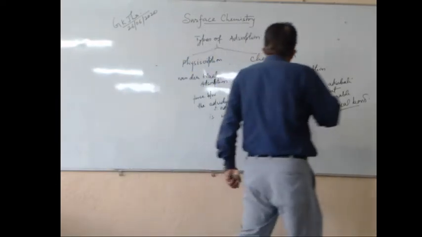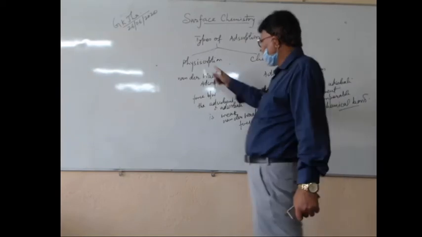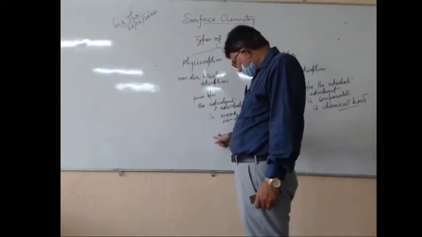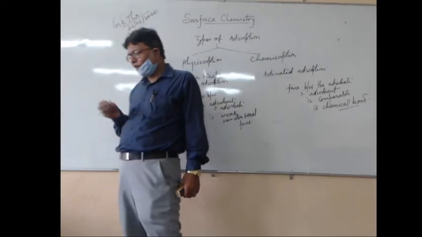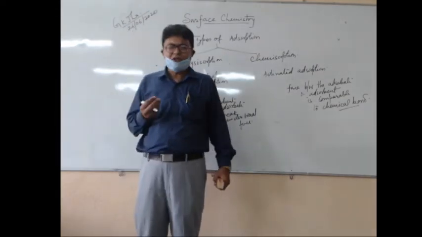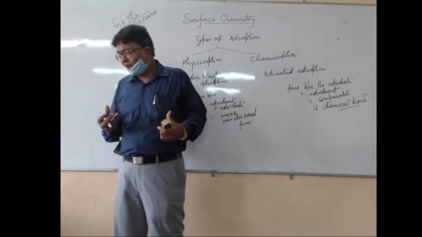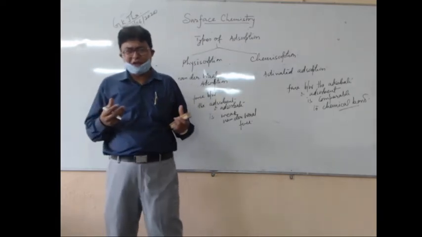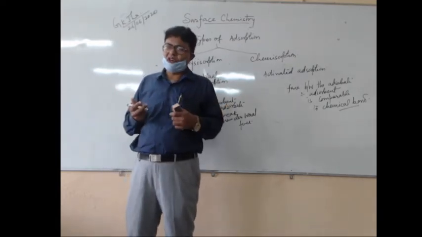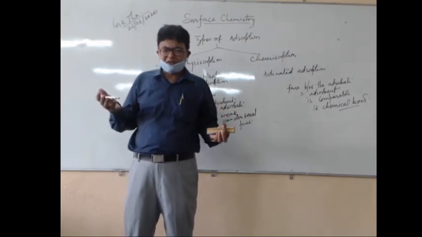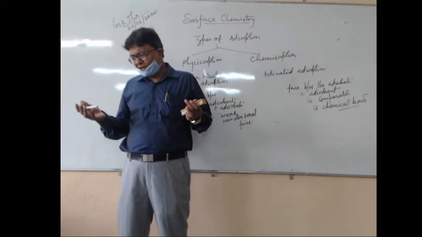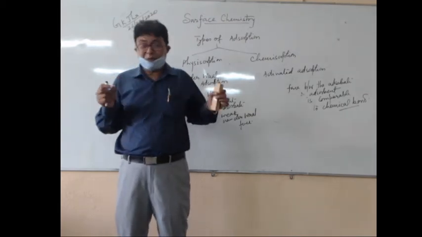Another point: physisorption is multilayered. This is like some kind of free love. For example, one person is having relations with so many other persons, with no specific relationship between any particular two persons.